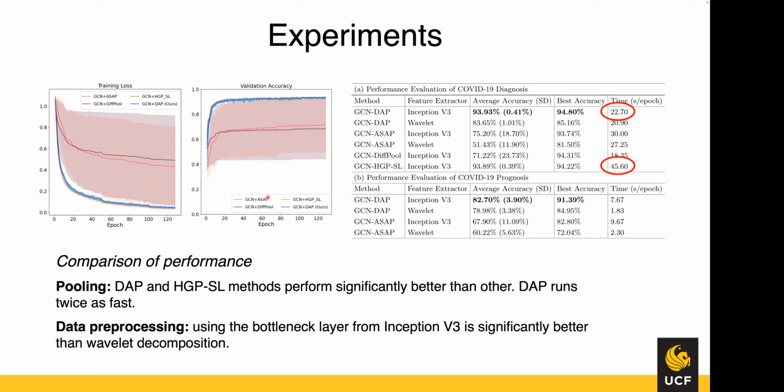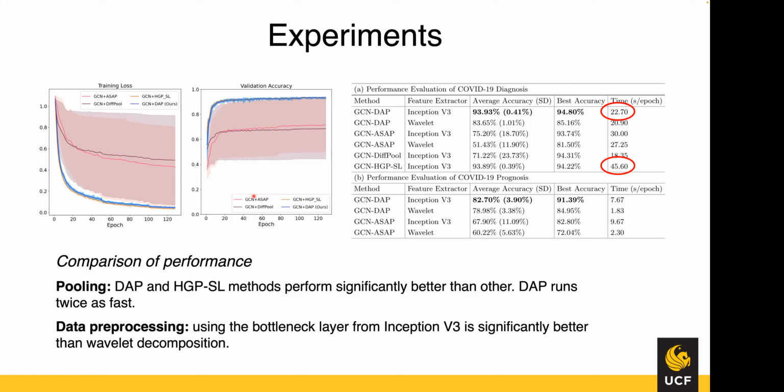There are 4 different pooling methods, including theirs. 2 of them automatically do really badly. In these 2 plots of training loss and validation accuracy, you can see that the standard deviation is very big. So they're sensitive, and I think the authors reported there were problems with computing gradients.